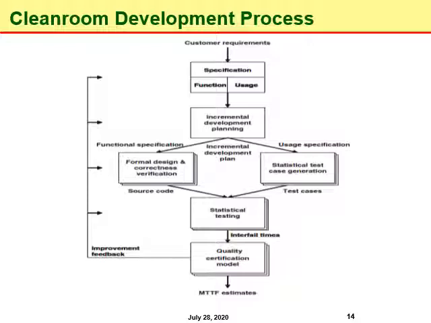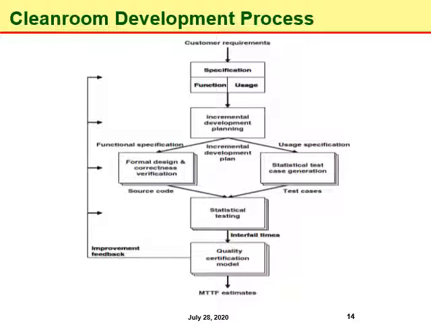During the specification activity, the teams produce a functional specification and a usage specification. The functional specification defines the required external system behavior in all circumstances of use in a formal way, whereas the usage specification defines usage scenarios and their probabilities for all the possible system usages.